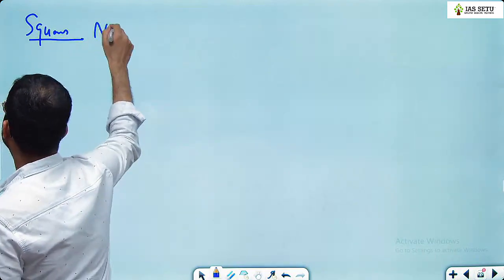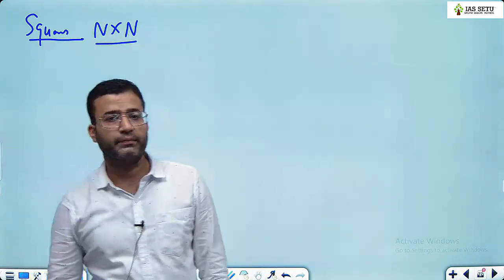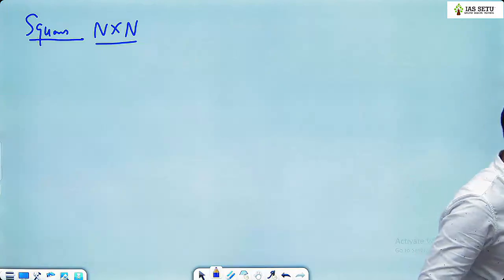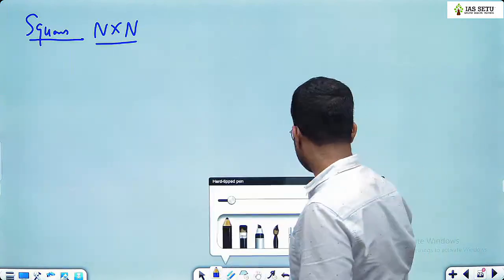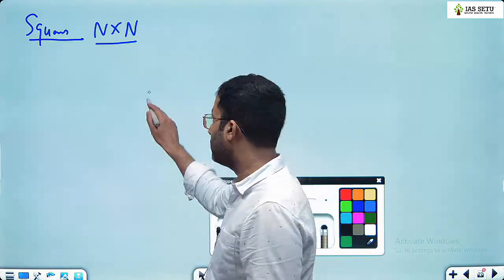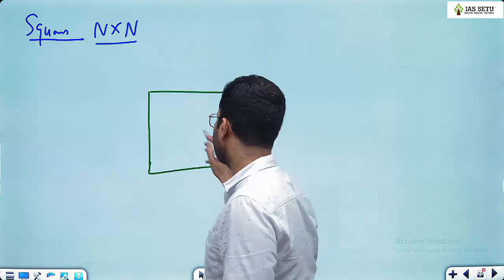I call this figure as n by n figure. It can be 2 by 2 figure, it can be 3 by 3 figure, 4 by 4, 5 by 5. Let me take 3 example, all of you, okay? Then after that you will be comfortable and you know how to apply this.